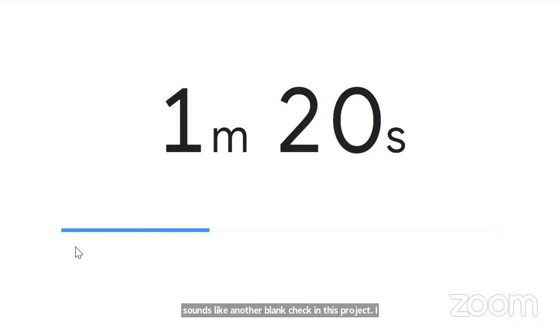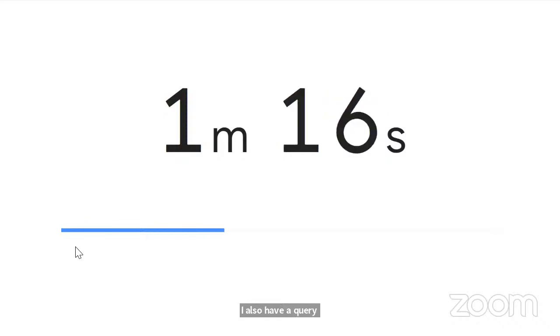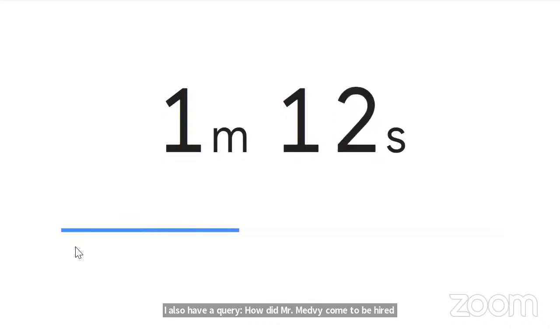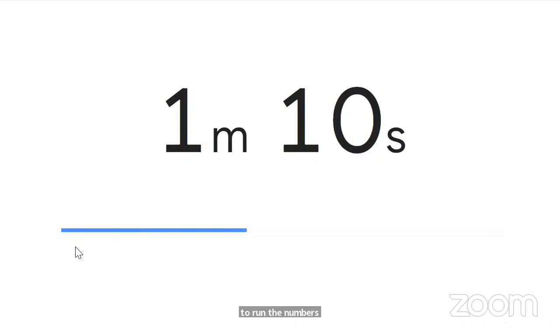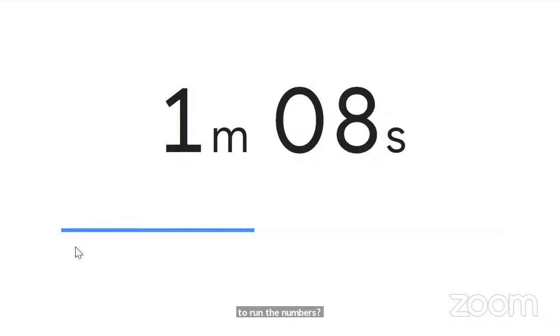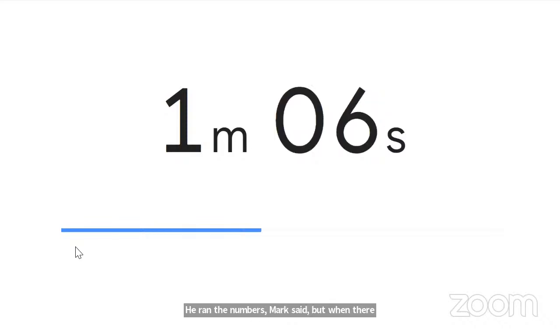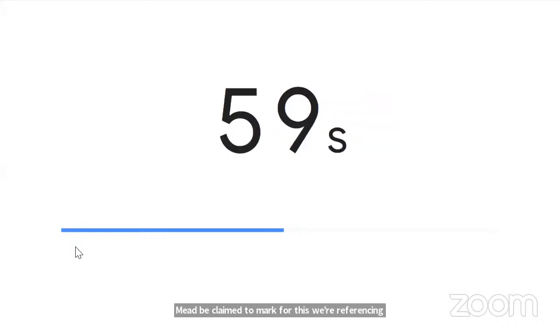I also have a query. How did Mr. Medvey come to be hired to run the numbers? He ran the numbers, Mark said, but when there were disagreements pointed out by Claudia, for example, Mr. Medvey claims Mark, or they, referencing the other consulting firm, entered that figure. Mr. Medvey again claims a surplus for our general fund tonight that's been discredited by 3 independent analyses.